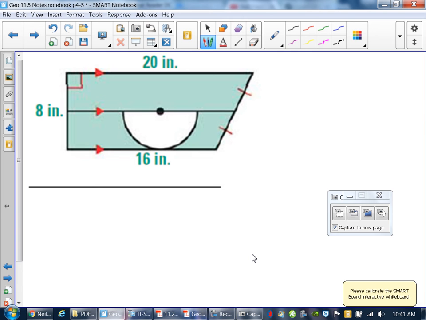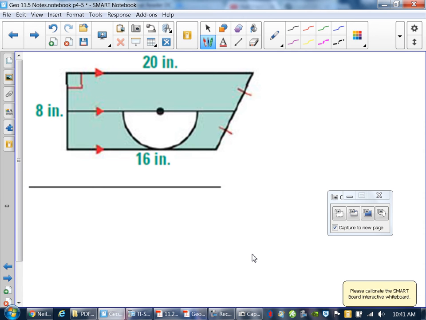One of the things that wasn't marked on here is that middle segment of the trapezoid, see how it's parallel to the other two? We don't need to know what the length of that mid segment is.